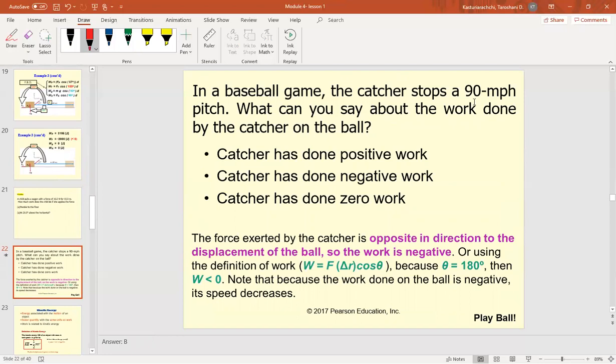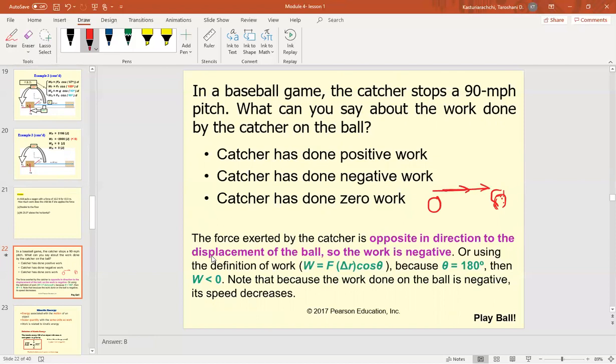Okay, the catcher stops a 90 miles per hour pitch. Is it positive work, negative work, or 0? The ball comes in this direction. Okay, you are here. I'm not going to draw my hand because my drawing is not going to be nice. Anyway, the ball is coming in this way, right?